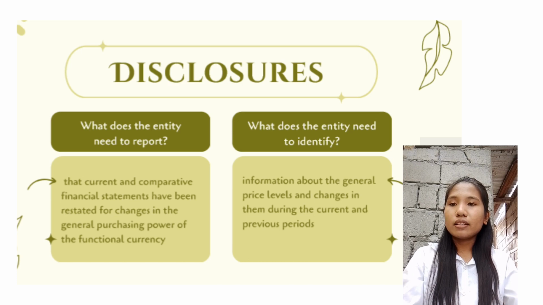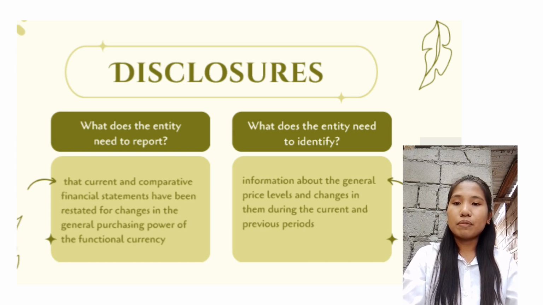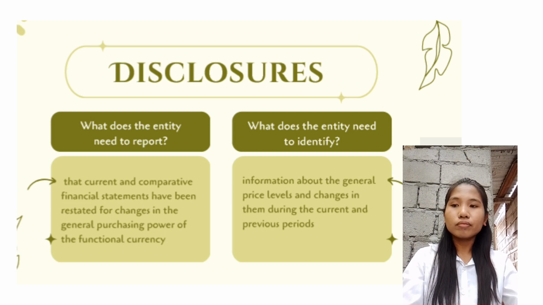So the entity needs to report that current and comparative financial statements have been restated for changes in the general purchasing power of the functional currency, and that statements are restated into the measuring unit current at the balance sheet date, and it needs to identify whether the statements restated were based on historical cost or current cost, and information about the general price levels and changes in them during the current and previous periods.